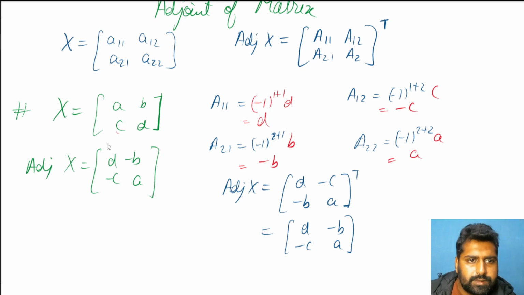How to remember this? Use this. Okay, this one is interchanged. So for the first diagonal you interchange them. So A D will become D A, so just interchange.